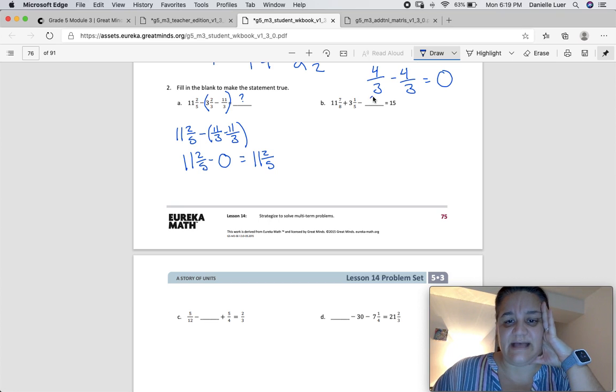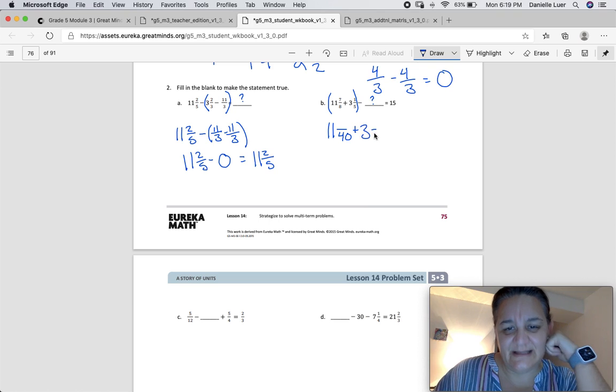Now, this side, this is a little tricky. We need to figure out what's going to go in here. So first of all, we're going to add this, okay? We're going to add that. And I think we're going to need to find our common denominator here, which is 8 and 5, that would be 40. So 11 and something over 40 plus 3 and something over 40.